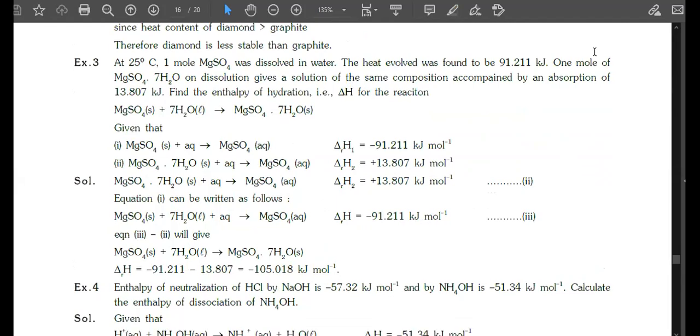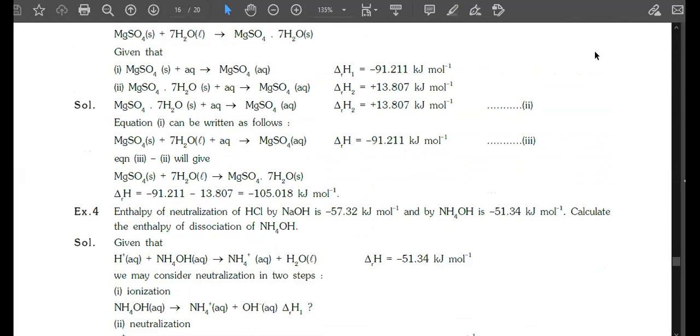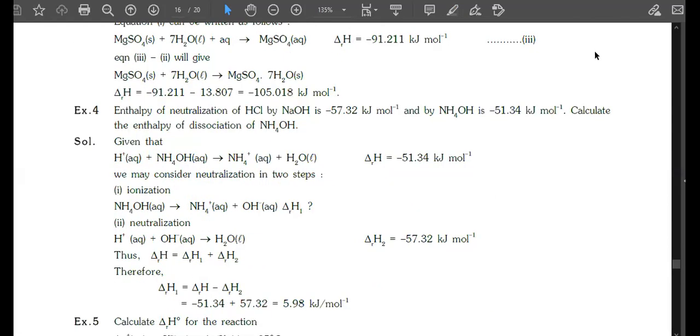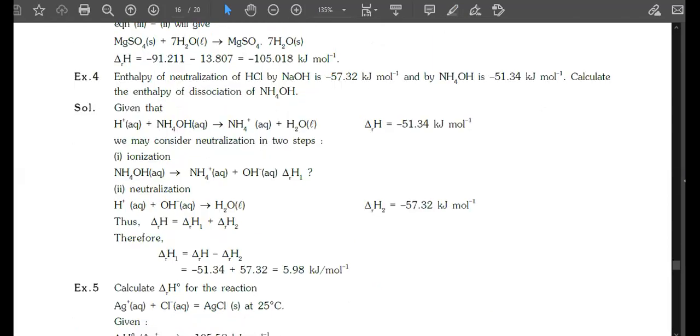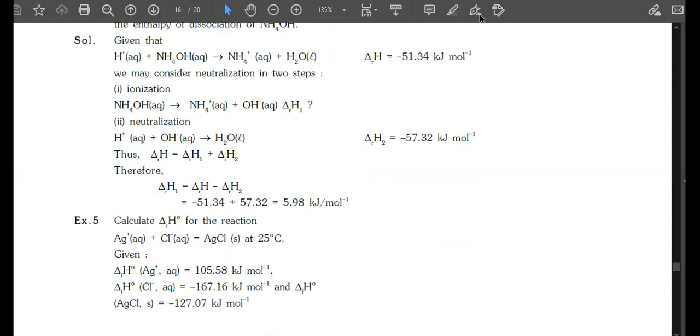See, you have to attempt first. This is thermochemistry. Concepts are quite easy, but you have to attempt. If you're not attempting, then you won't learn. That's the thing. So you have to solve first. We had around 20 examples, which will cover all the concepts.